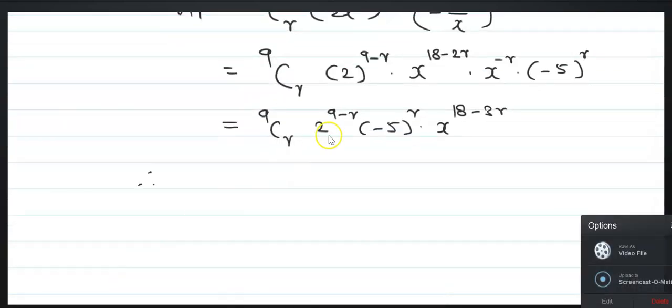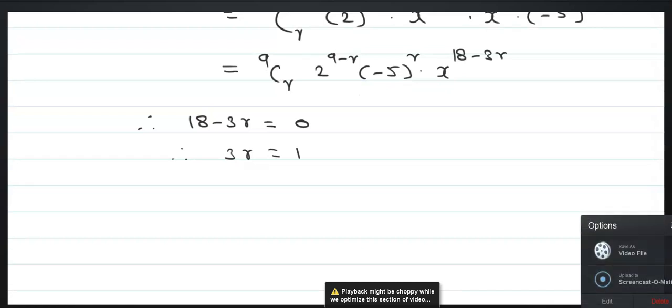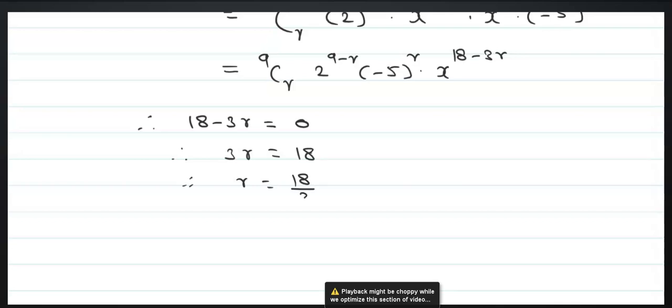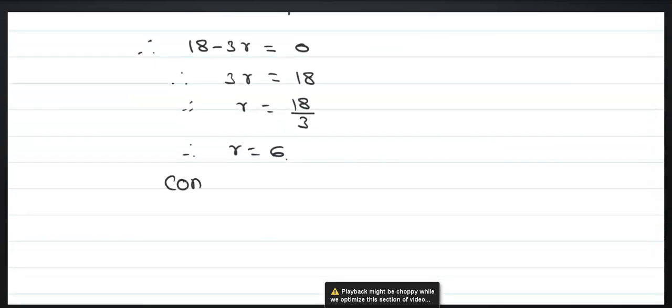Minus 2r and minus r, therefore x raised to 18 minus 3r. Therefore, 18 minus 3r is equal to 0. Therefore, 3r is equal to 18, so r is equal to 6.